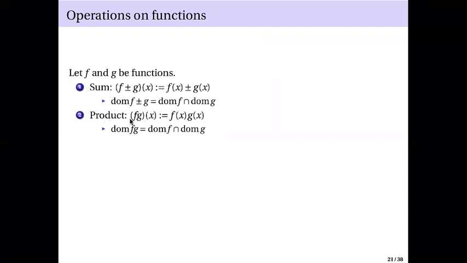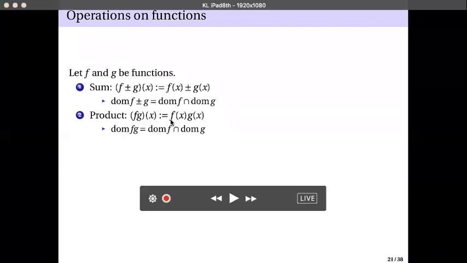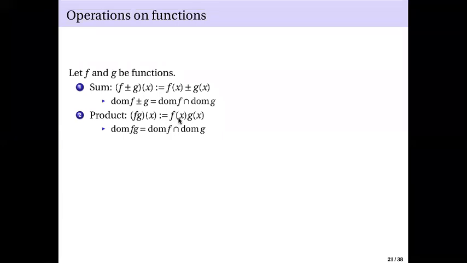Product. So you have two functions f and g. You define now the product fg. So fg of x is the function obtained when you multiply the function f of x by the function g of x. The product fg is another function, obtained by multiplying f of x and g of x.